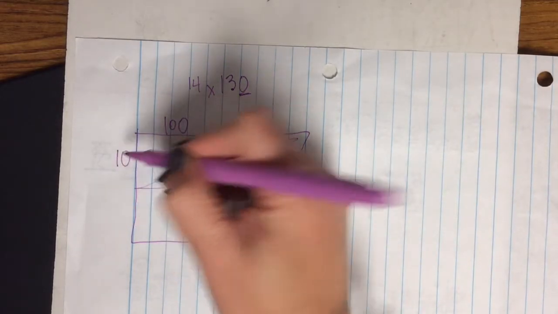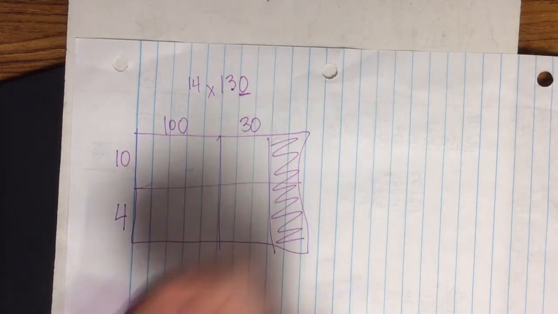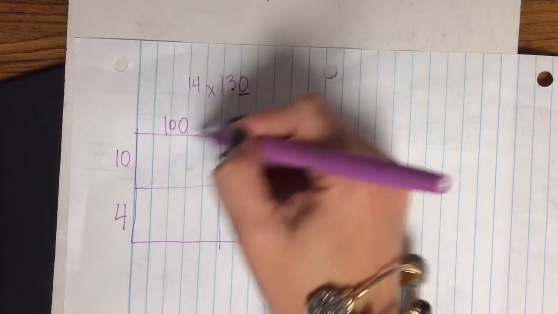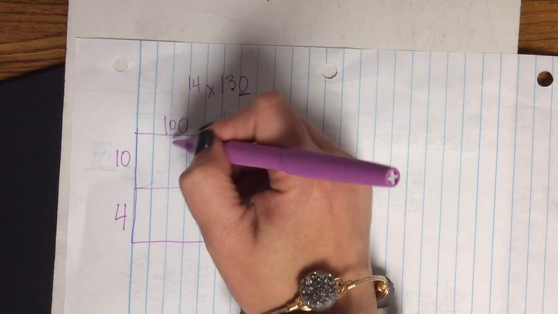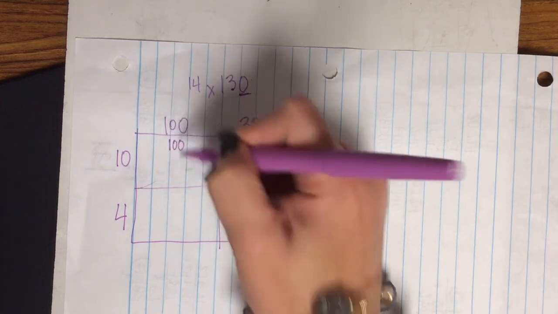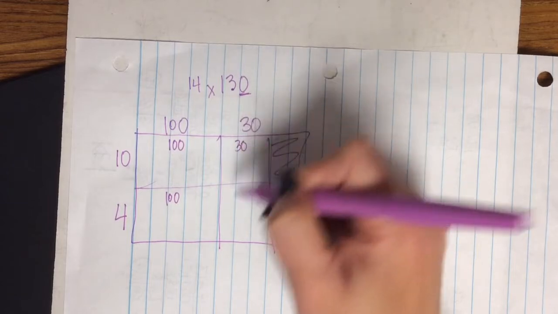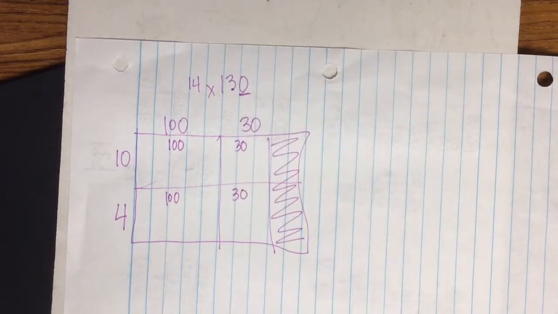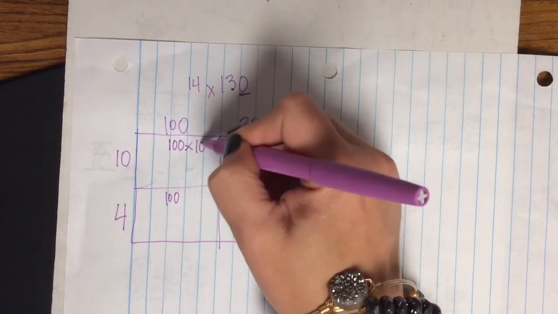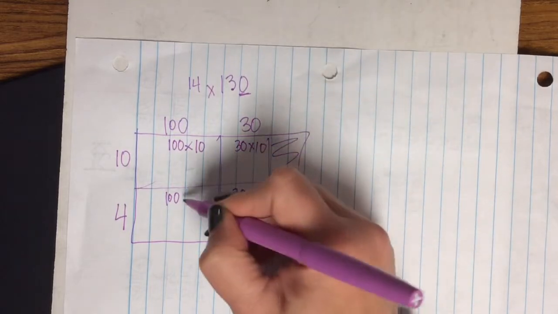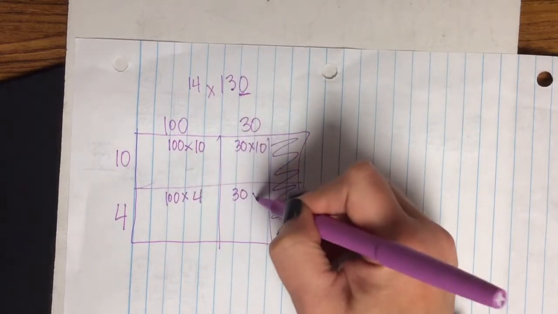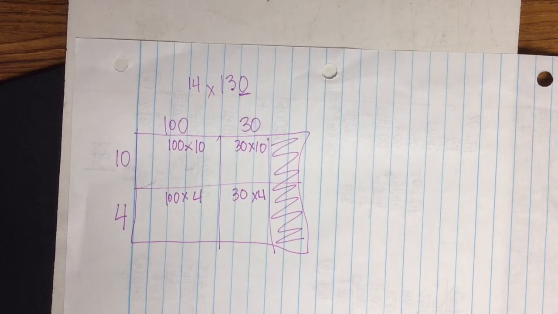So then I have 10 and I have 4. And if you remember where each one meets together, everything under the 100 is multiplying with 100. Everything under the 30 is multiplying by 30. Everything beside the 10 multiplies by 10. And everything beside the 4 multiplies by 4.